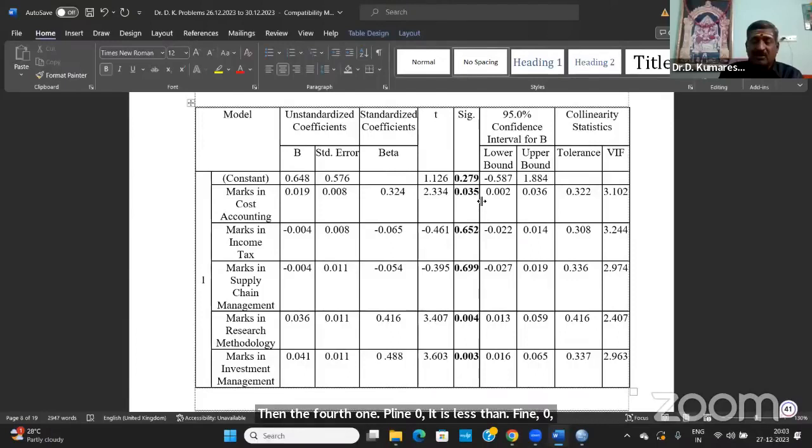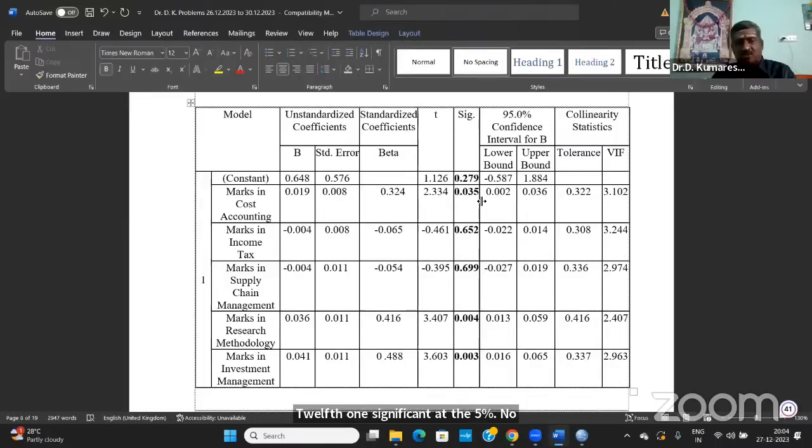Significant at 1%. Next one, 0.003. It is also less than 0.01. So it is also significant at 1%. So first one, significant at 5%. Second one, not significant. Third one, not significant. Fourth one significant at 1%. Fifth one significant at 1%.